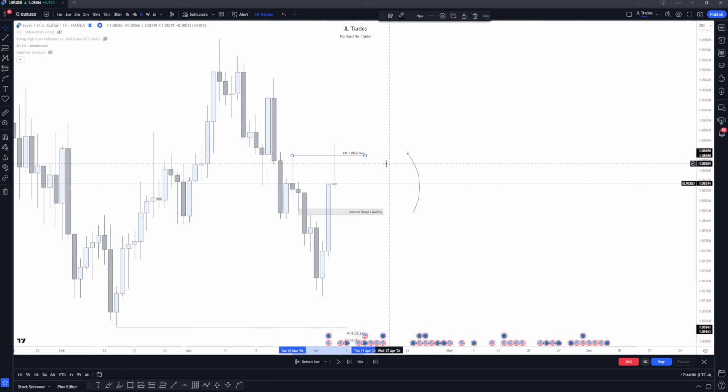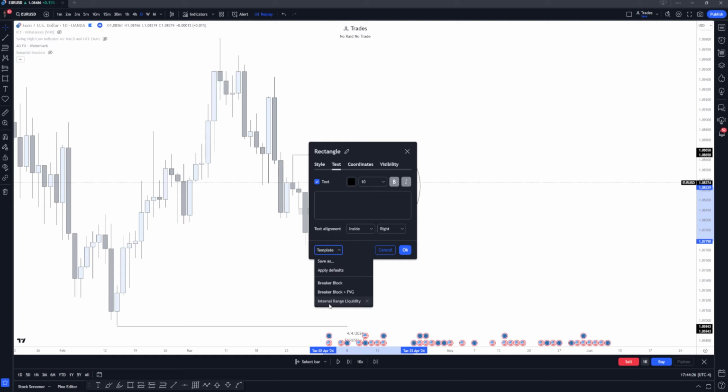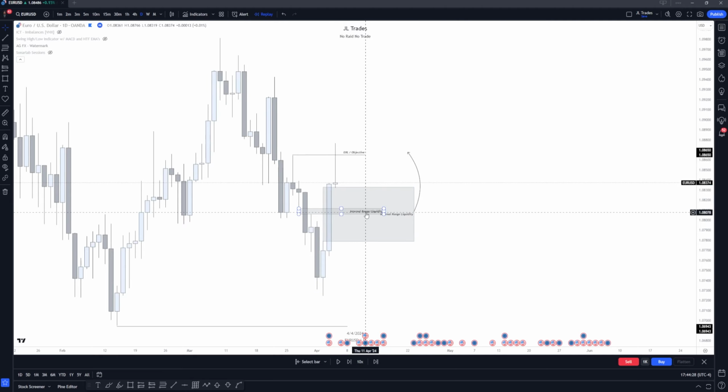So what can I expect after a move from completing an external range objective? Well, we have a bullish internal range liquidity, and now we have a bigger fair value gap overlapping.